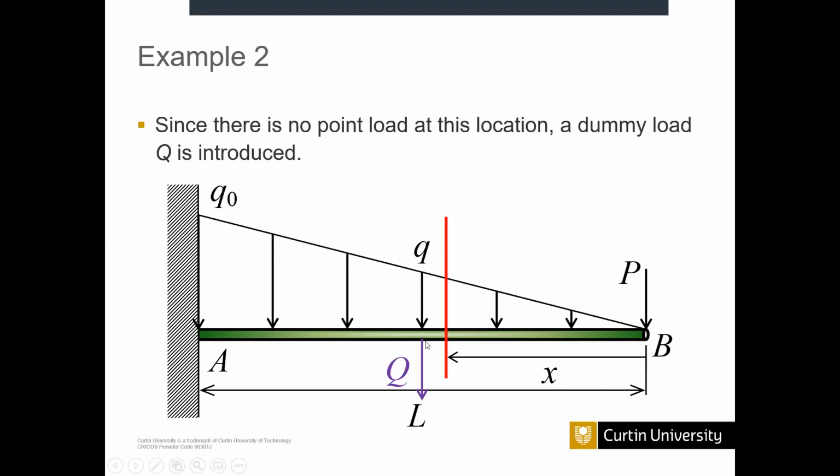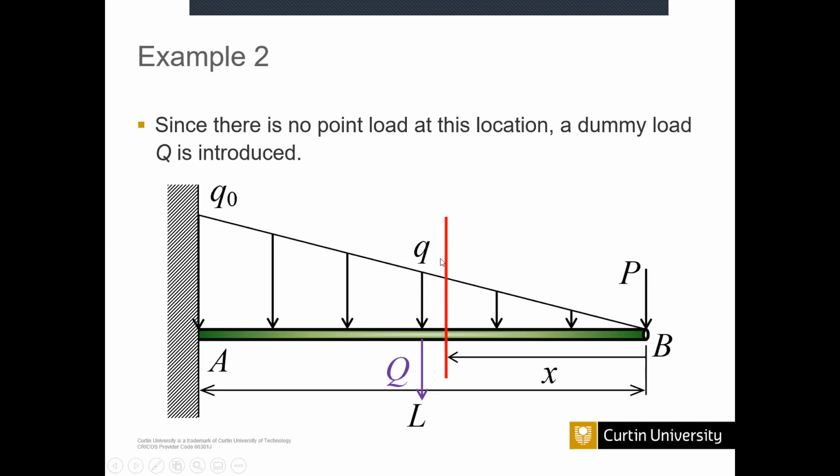At point C somewhere here, there is no point load. You need to introduce a dummy load like this, and separate the beam to derive the equation somewhere here. When you select somewhere here, you will get the equation without Q, because Q will not affect the bending moment from this point.